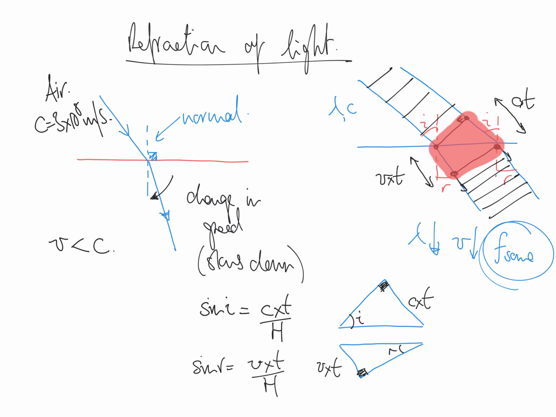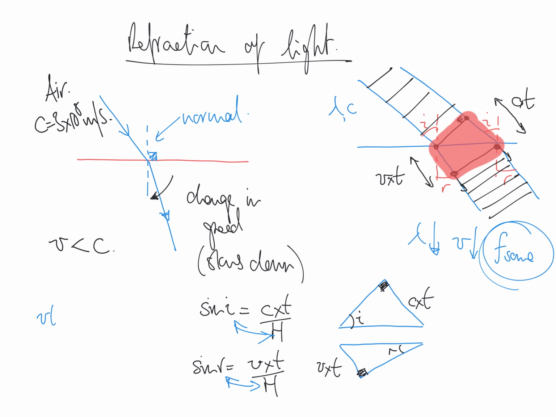Good. I'm going to rearrange these to make h the subject. And of course these are identical, so I'm going to equate them together. I'll do it in another colour. So therefore I'm going to swap these terms around and then equate them.